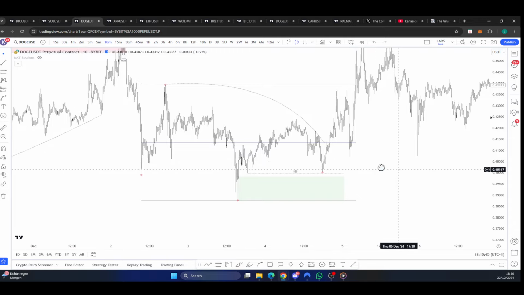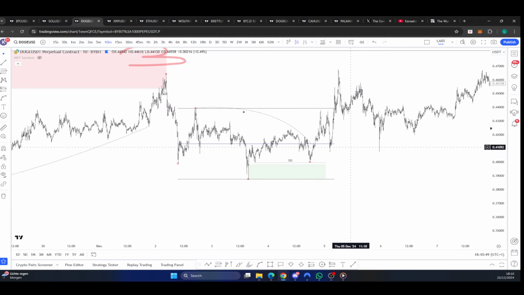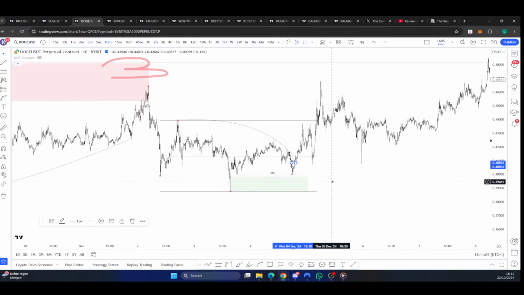So the moment I saw this accumulation, I was like, well, that wasn't part of the original plan because we were expecting a flush. So the moment I saw this break of structure back to bullish, I wanted to hedge my short position. So I wanted to open up a long while being short to hedge my position out, but it wasn't a valid long, so I couldn't take the long.